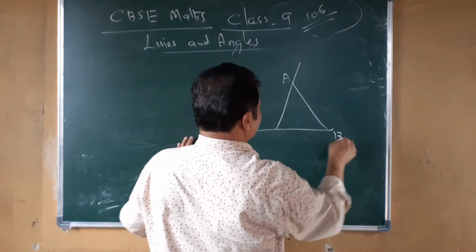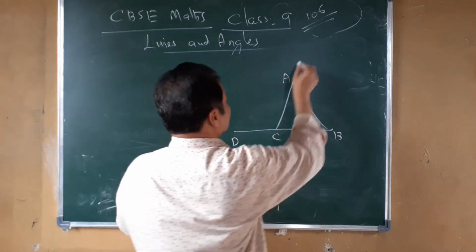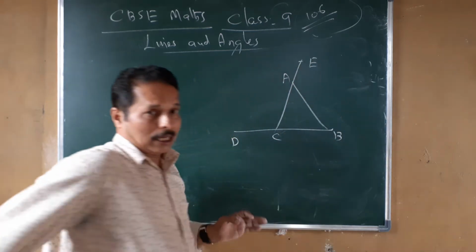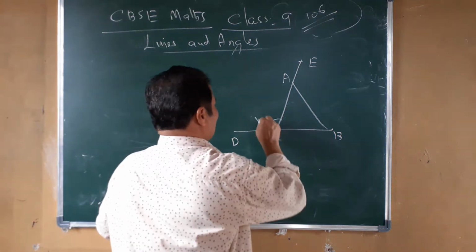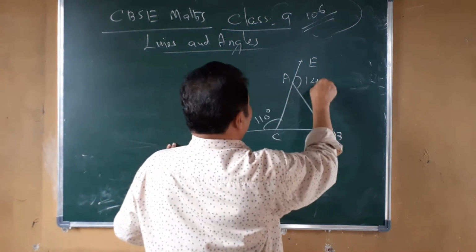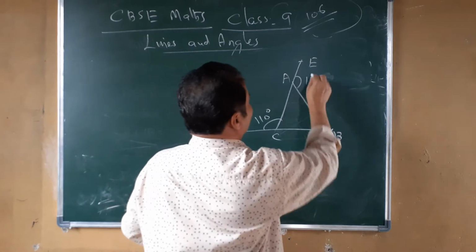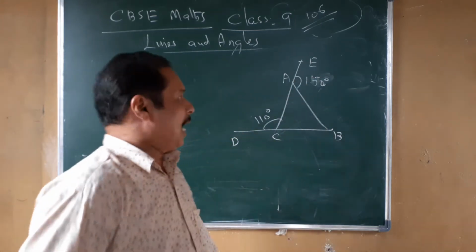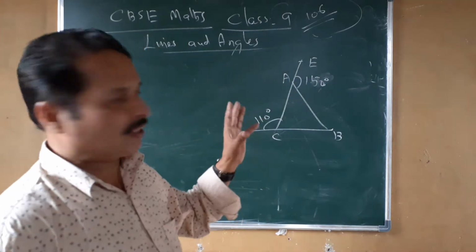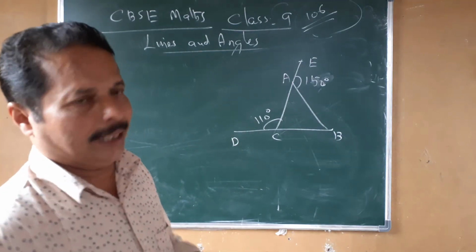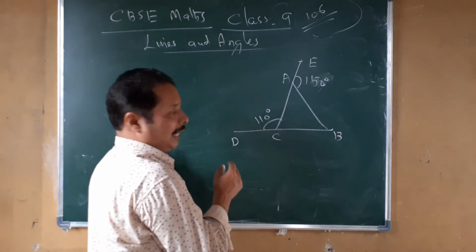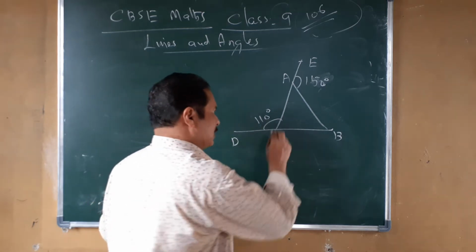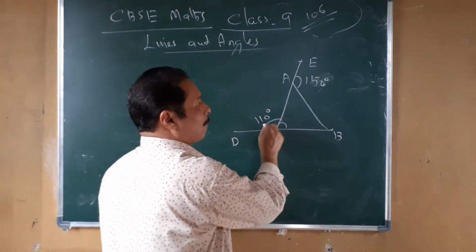In the figure, there are two exterior angles. One of the angles is 130, the other angle is 150. We want to find all angles of triangle ABC. Are you ready? Now, this angle is 110, and these angles are supplementary.